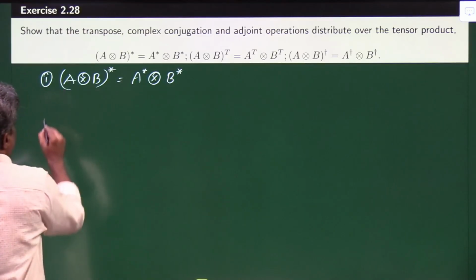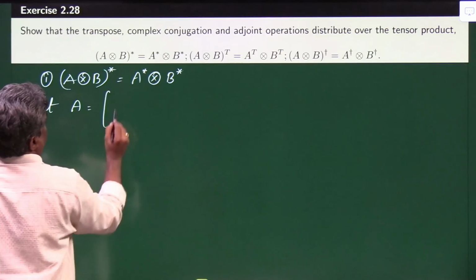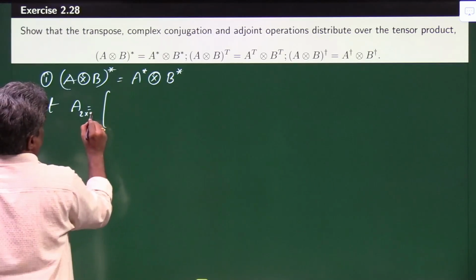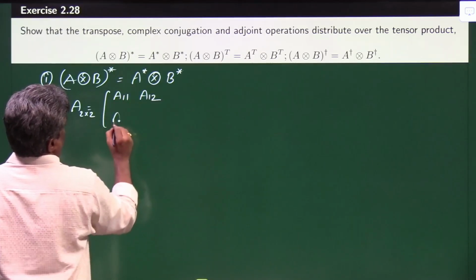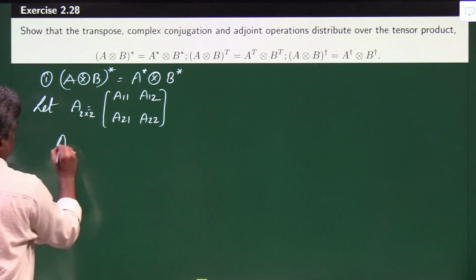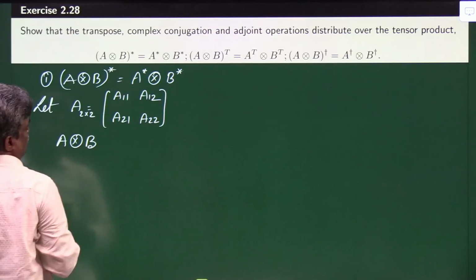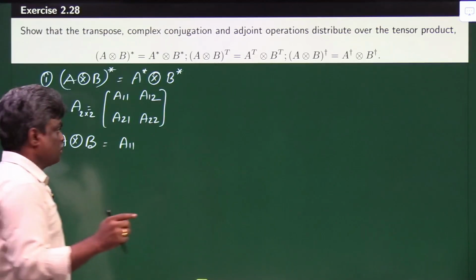Let us see. So now for this, I am assuming A is a matrix. Let us suppose 2 by 2 order. So that is A11, A12, and this is A21, A22. Now first let me find this tensor product A tensor B, which is nothing but A11. I told you already.